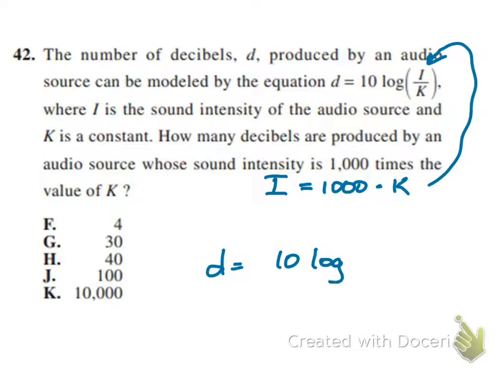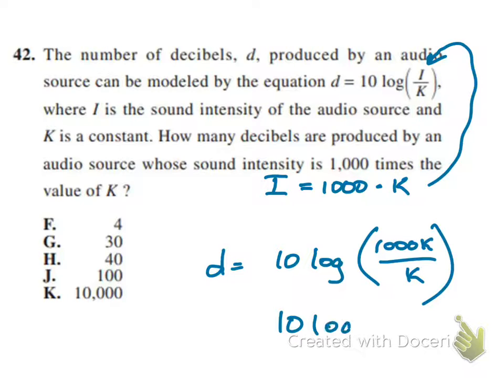And this is a calculator problem if you don't know how to operate with logarithms. 1,000 K divided by K. What happens to the K's? So 10 times the log of 1,000. Log of 1,000. Calculator. If you plug this into your calculator at this point, 10 times log of 1,000, it's going to tell you that the log of 1,000 is 3, and 10 times that value is 30.